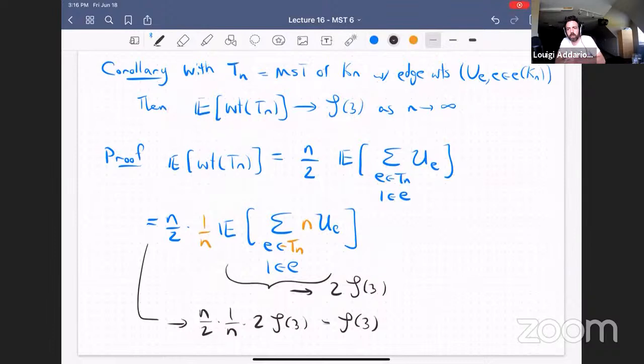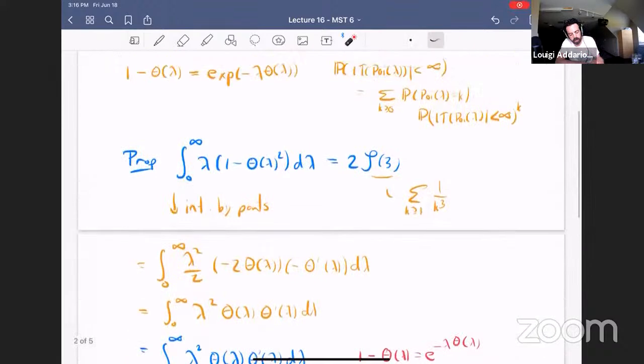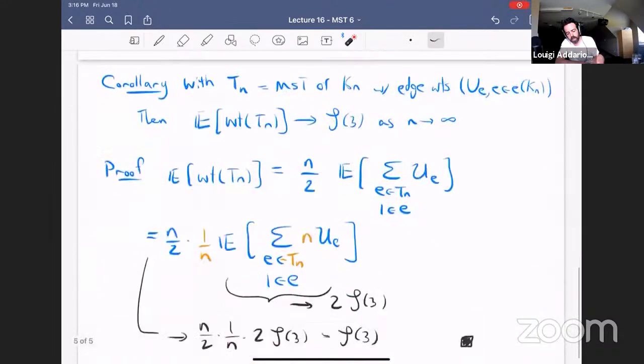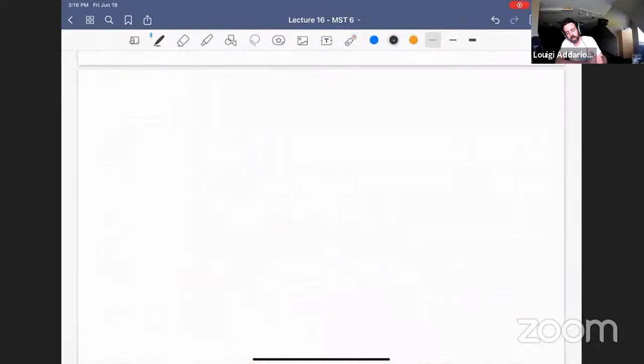Another way to think about this factor zeta 3 emerging, or really about this integral emerging, is if you think about the coupling between the random graph process and Kruskal's algorithm.